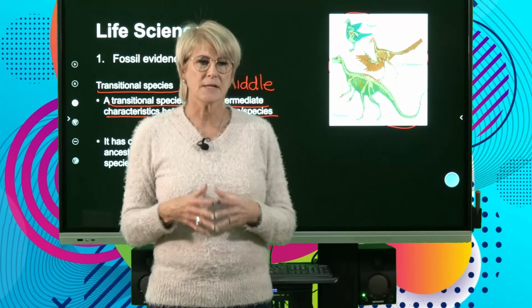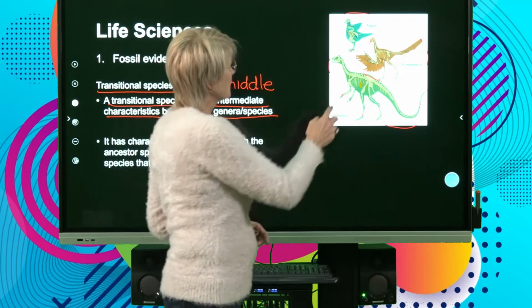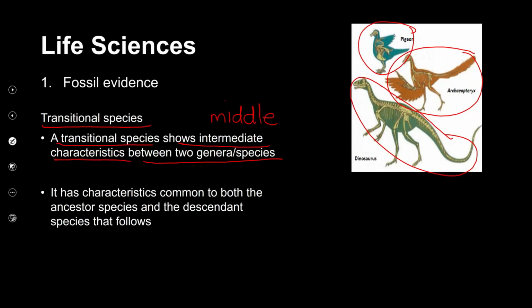And what they discovered is that if you have a look at the structure of this bird, it's quite dinosaur-like if you have a look at the skeletal structure. Yet it had feathers and it had wings, which is more bird-like.